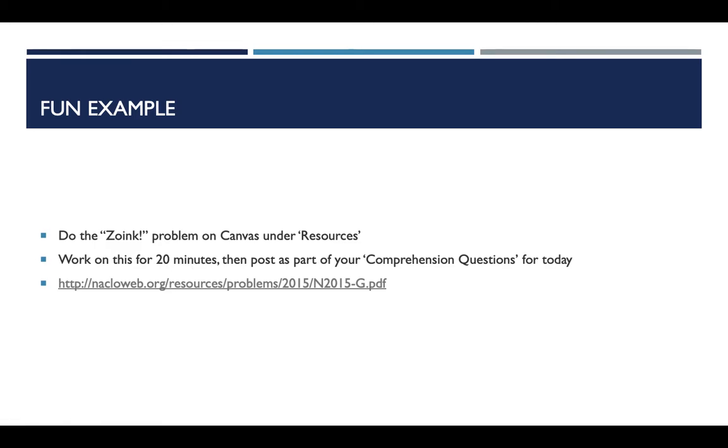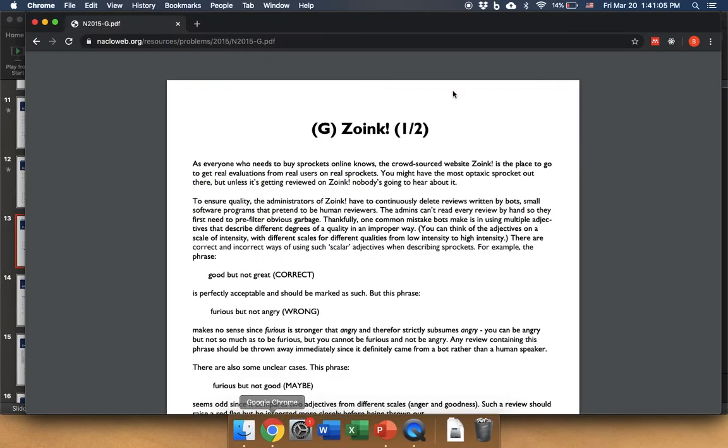I don't think you need to finish it, spend an hour, hour and a half on it, whatever it might take you. I think you'll get the point of the activity after about 20 minutes or so. And then put what you found as part of your comprehension questions for today. So let me go ahead and go to this link. I think I have it pulled up here in Chrome.